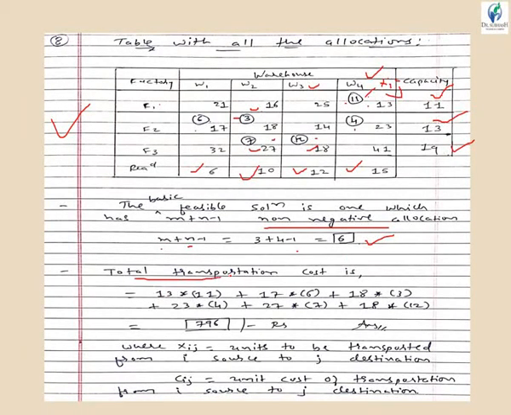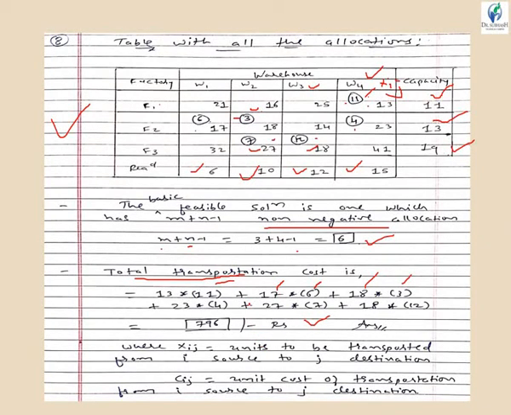Now finding the total transportation cost: 13 into 11, where 13 is the unit cost of transportation and 11 is the number of units transported from the ith source to the jth destination. This is 17, this is 6, this is 18, this is 3. If you do the calculation, you will get 796.